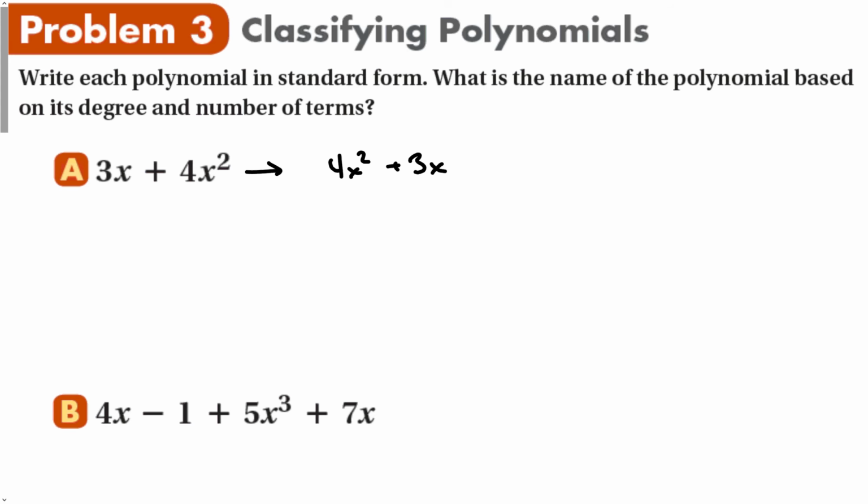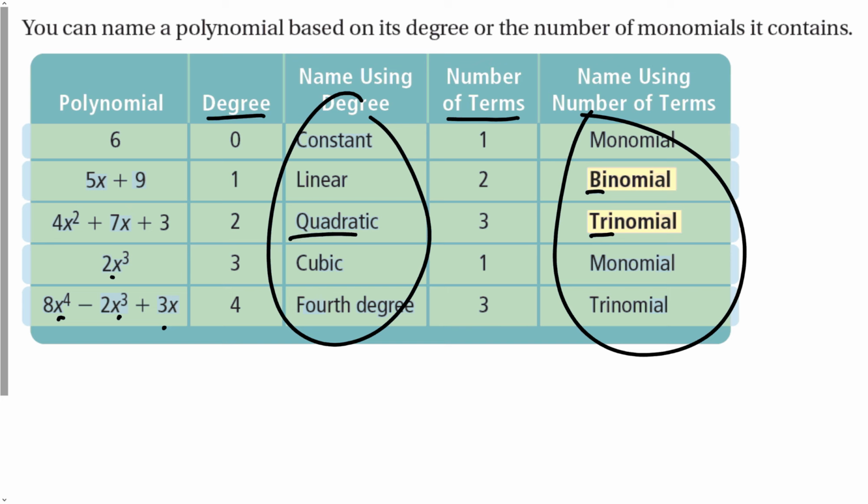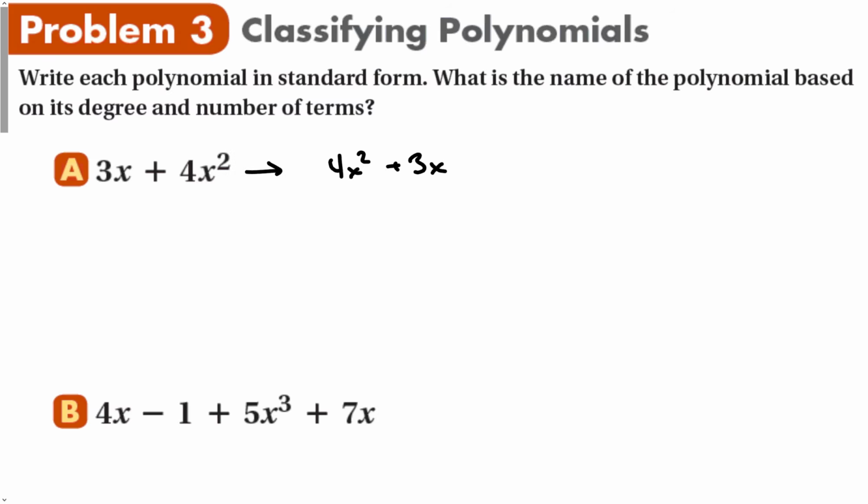Then we can name it. Looking back at our chart, first of all, this is degree 2, that's degree 1. There are 2 terms. That would be quadratic binomial. So this is a quadratic binomial. Okay.